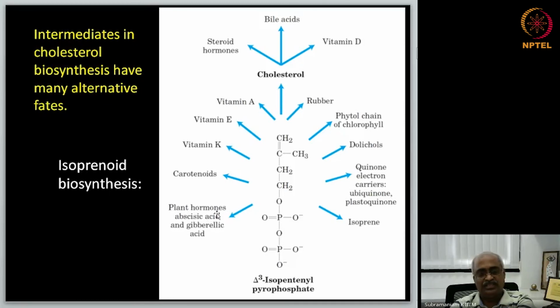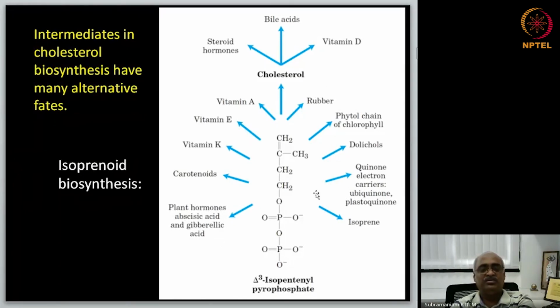Abscisic acid is involved in leaf senescence and falling, in the seasons where leaf fall happens, and fruits ripening and falling, and for the separation of the leaf and the fruit, that is promoted by abscisic acid. Gibberellic acid is involved in germination of seeds.